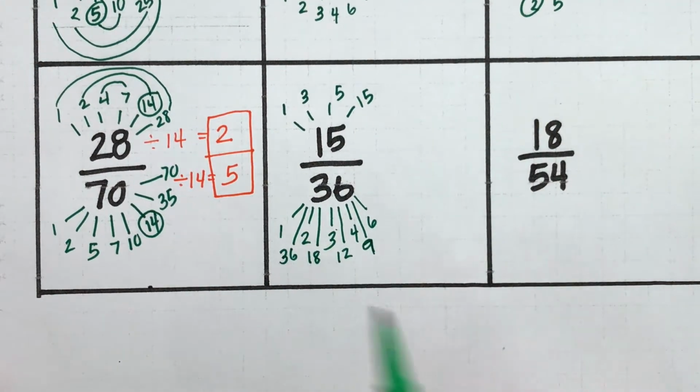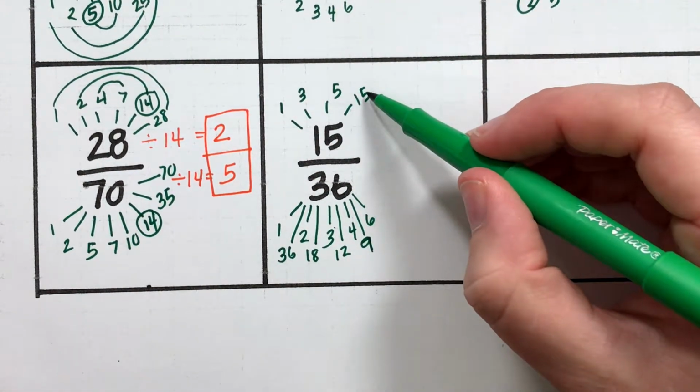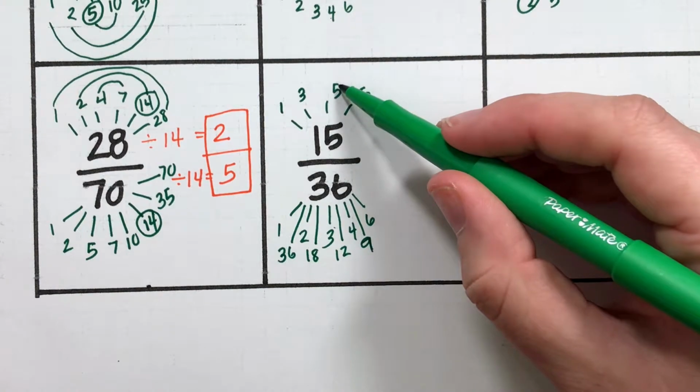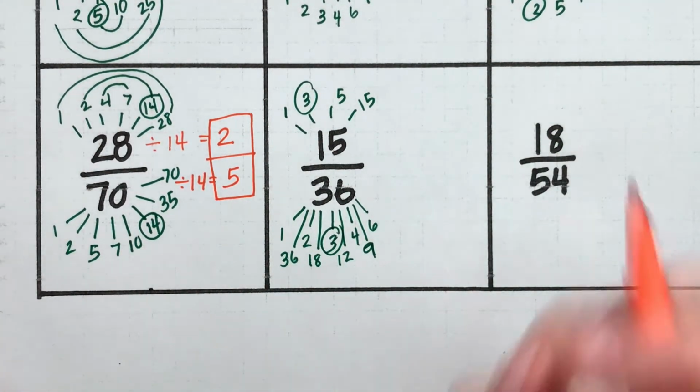All right, so I've got a lot down here, not so many up here. So let's see, 15 is not a factor down on the bottom, 5 isn't, but 3 is. So 3 is our GCF.